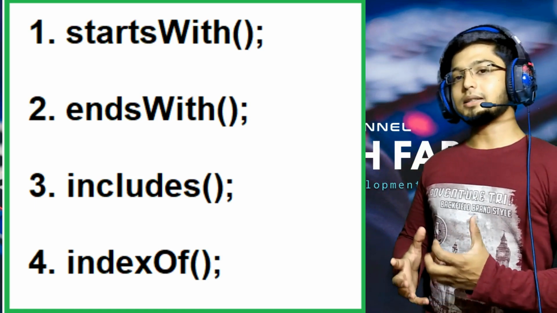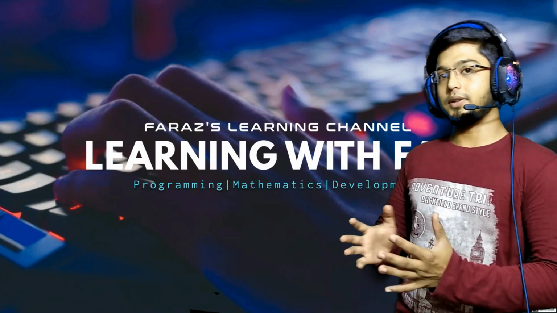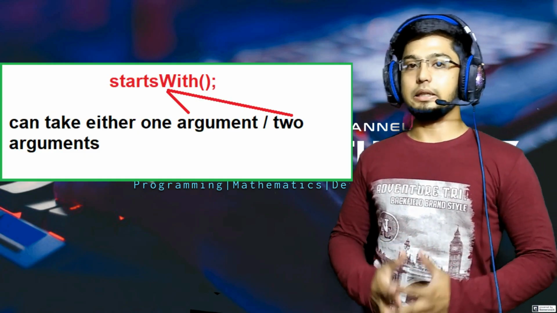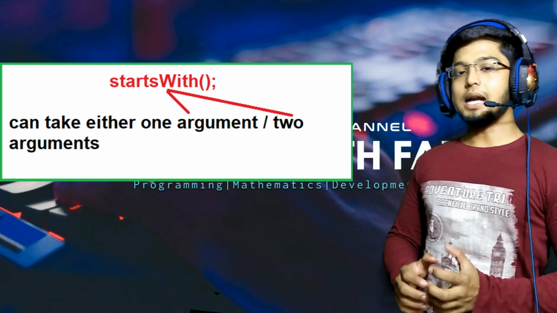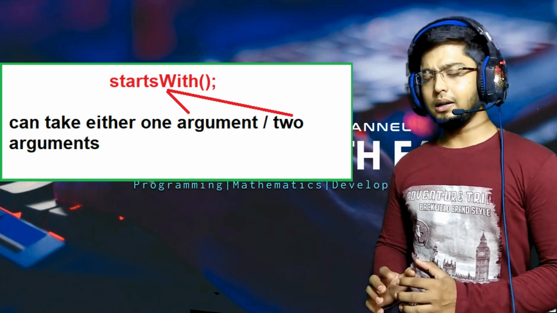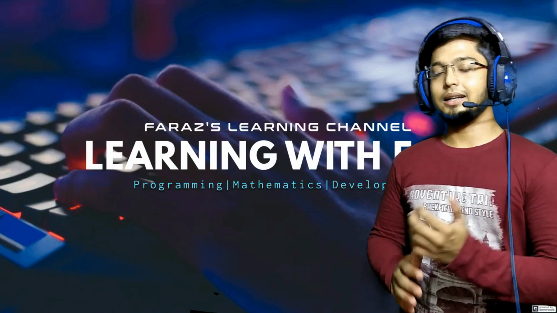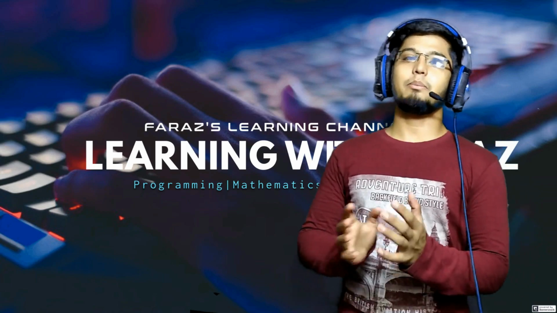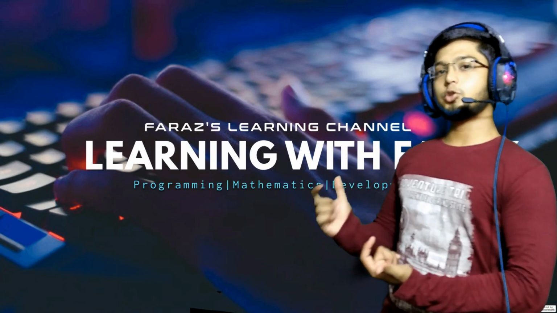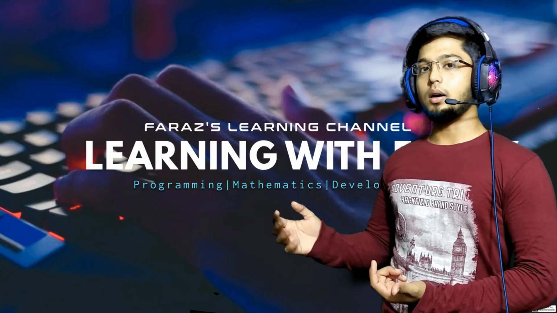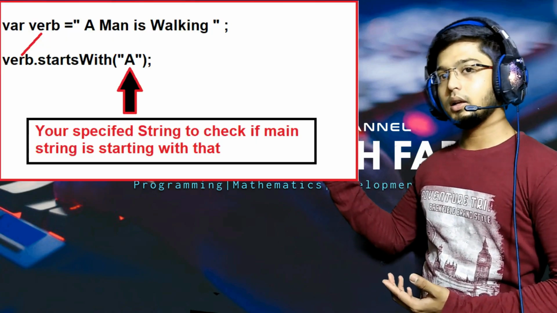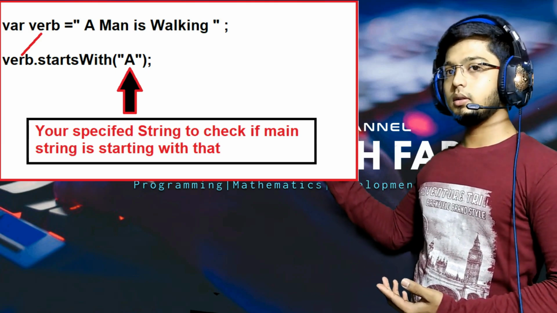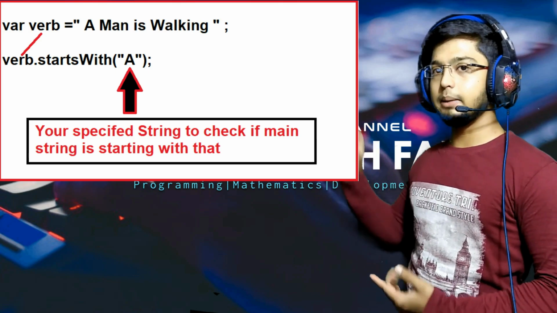Now let us firstly understand the first one, the startsWith method. The startsWith method can take either one argument or 2 arguments. Let us understand both the cases. When you're giving one argument, you write a string variable name and a dot. Like if you have a string, for example, a man is walking, and you have stored that string in a variable.